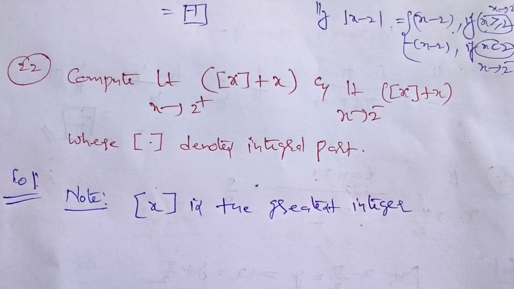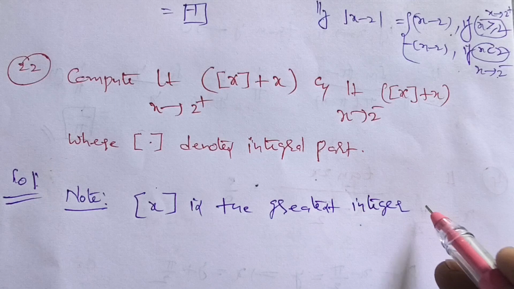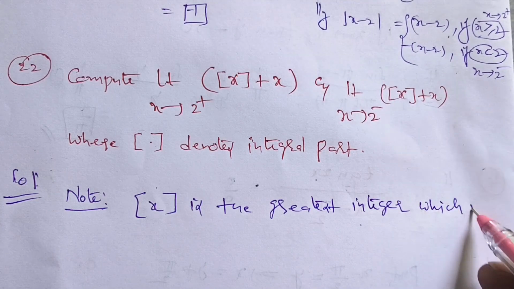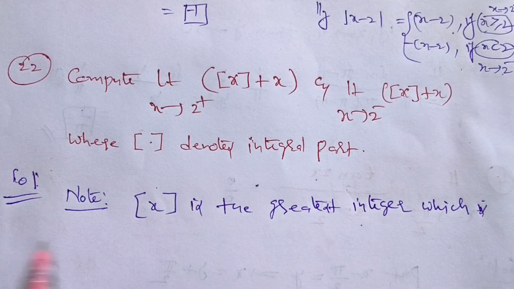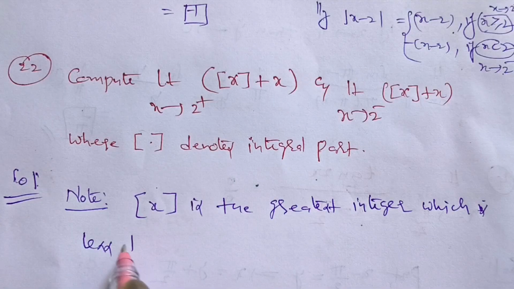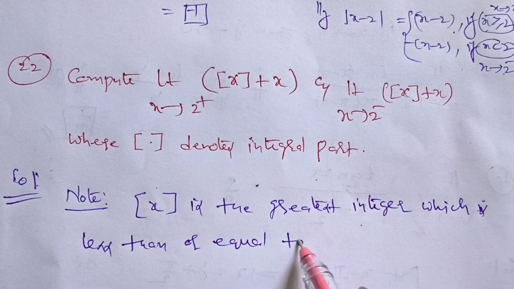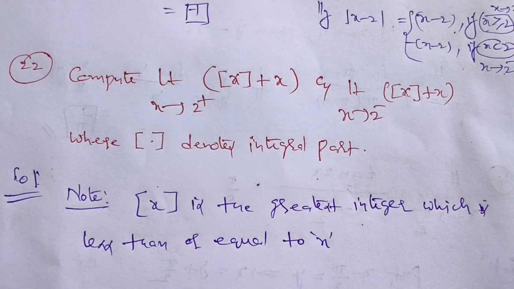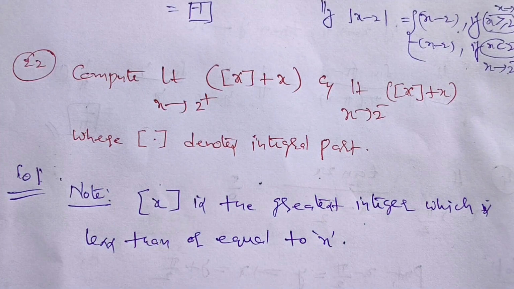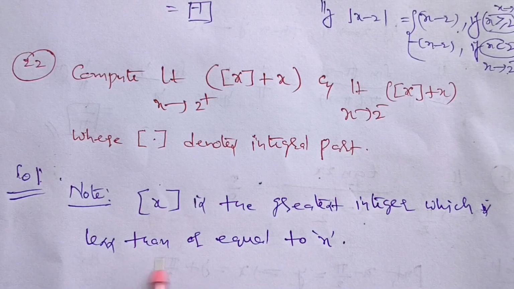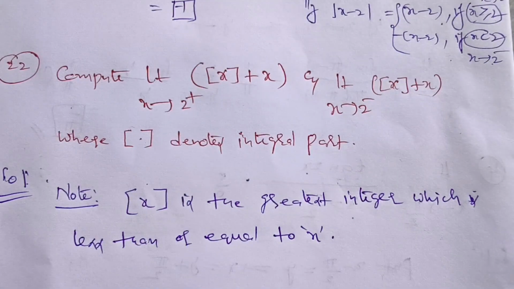Here square bracket x is the greatest integer which is less than or equal to x. This is the definition of the integral part of x. So the integral part of x is the greatest integer which is less than or equal to the given value x.